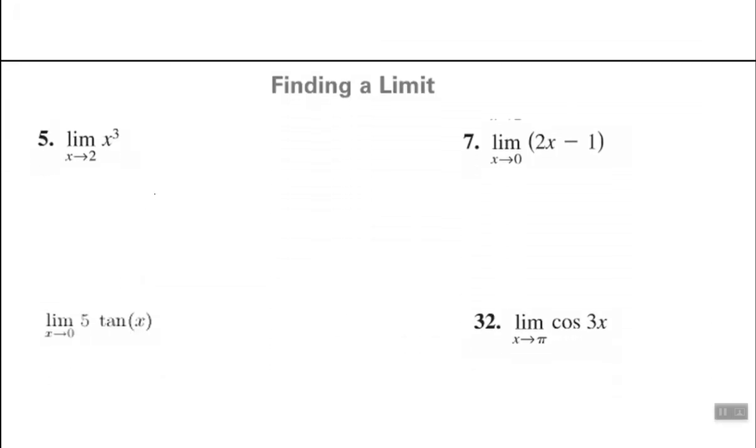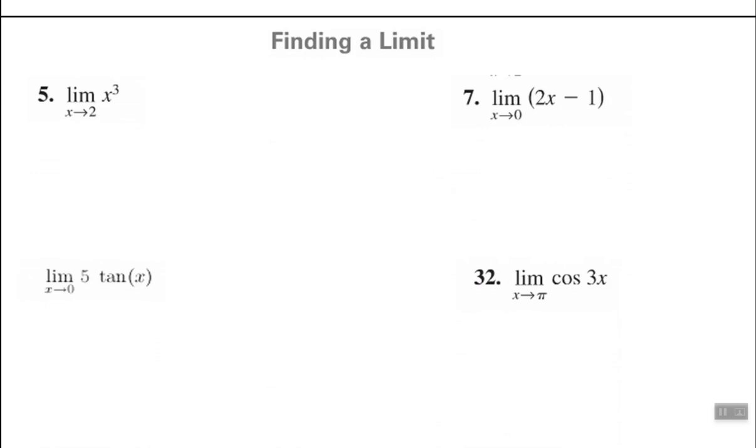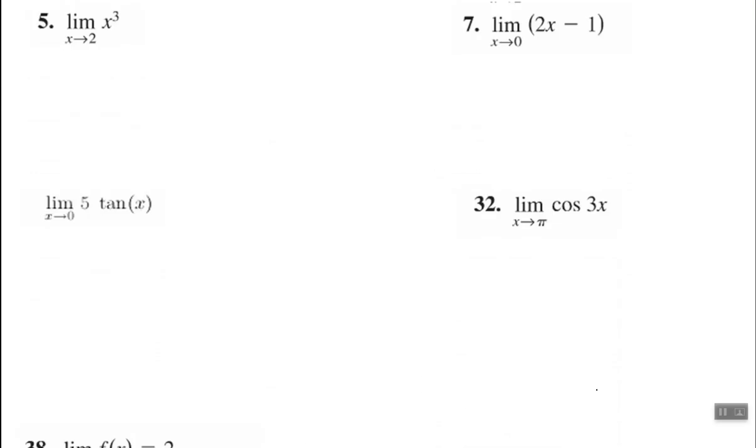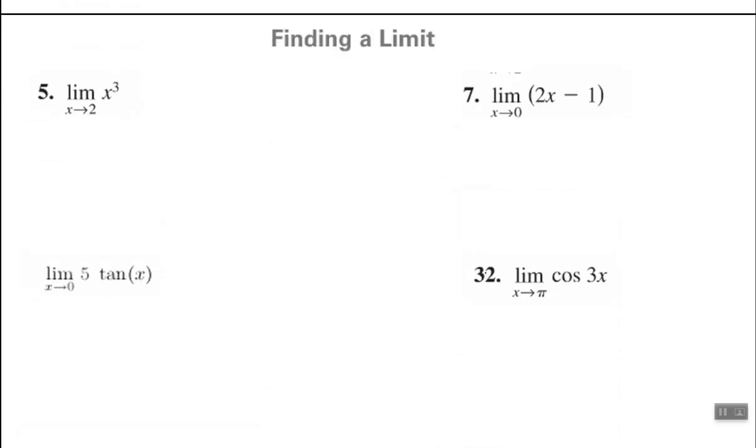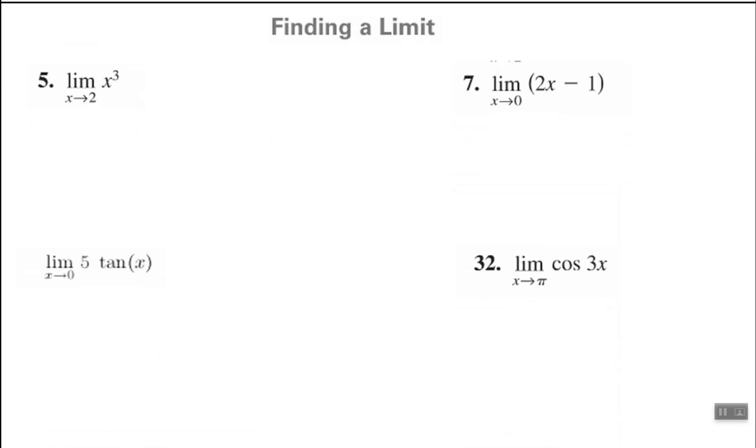All right, so let's look at some example problems. The first problem here is to find the limit of x to the third as x approaches 2. Now, the first way we always try to find the limit is to use simple substitution. So whatever x is approaching, we take that number, plug it in for x, and hopefully, if it's not undefined, then that would be our limit.